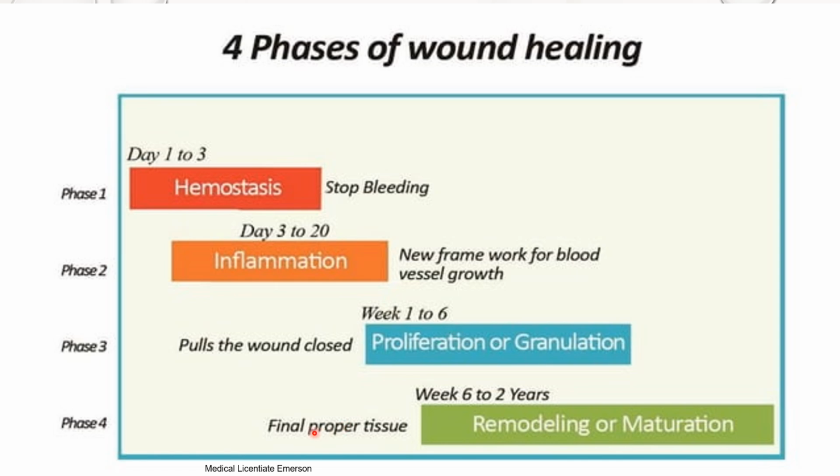Under proliferation, this is where you have wound closure. Then phase 4 is for fine or proper tissue, which occurs from week 6 to 2 years. This is remodeling or maturation. So in short, remodeling or maturation can take from 6 weeks to 2 years.